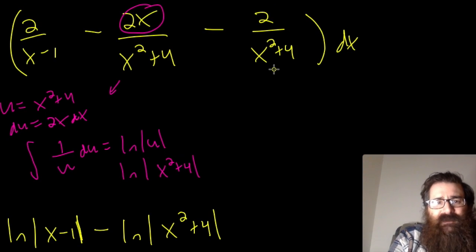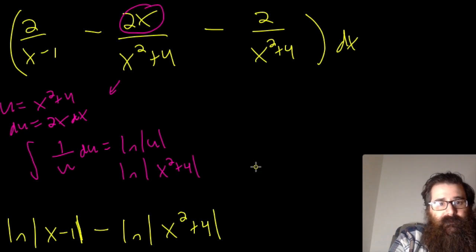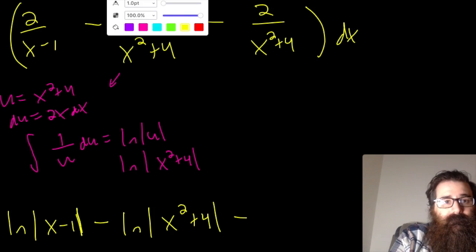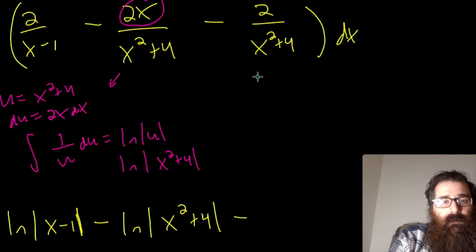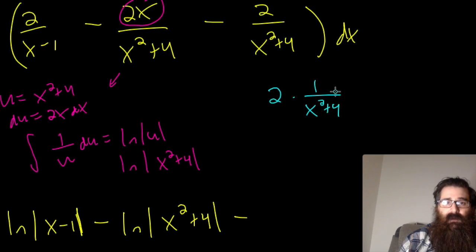But now this last one here is going to be a bit tricky. Well, let me actually write that minus sign first, and we can focus just on where we're integrating. So here I have 2 times 1 over x squared plus 4 that I'm trying to integrate.